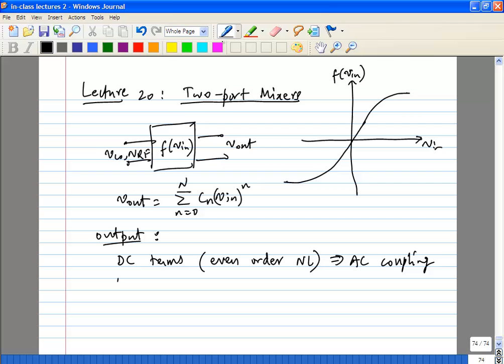Then you'll get harmonics of omega RF and omega LO. If you have an nth order nonlinearity, you will get all harmonics. How do you get rid of this? Let's assume that these are all much larger than omega IF, so you can get rid of them using filtering in a receiver.